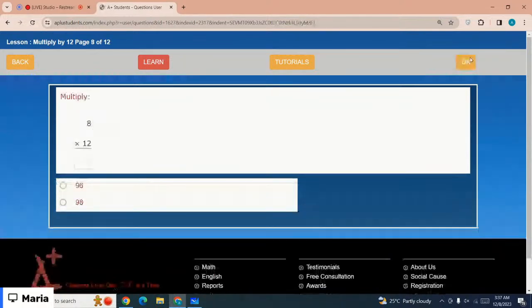8 times 12 equals... Yes, the correct option is 96. 12 times 8 is 96, it is right.